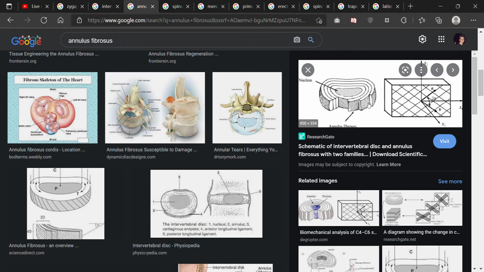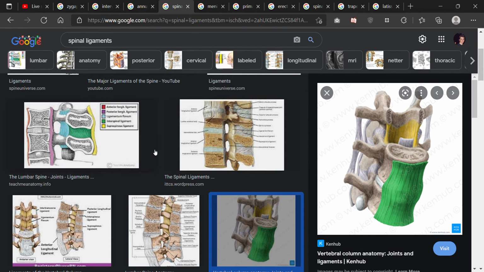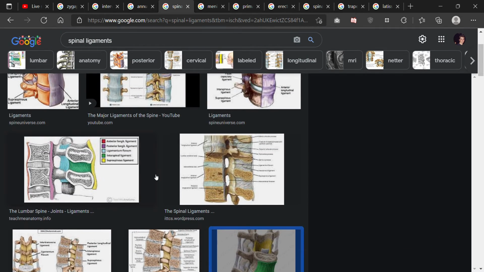Next, we have the ligaments of the spine. All right, so the ligaments of the spine run all the way up and down the spine, from the top to the bottom. We'll start with this picture.